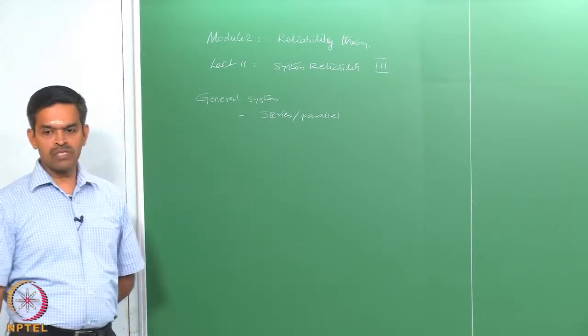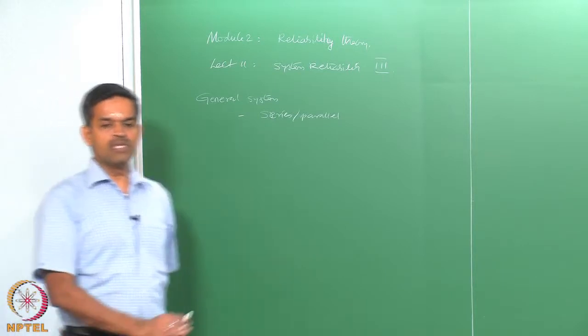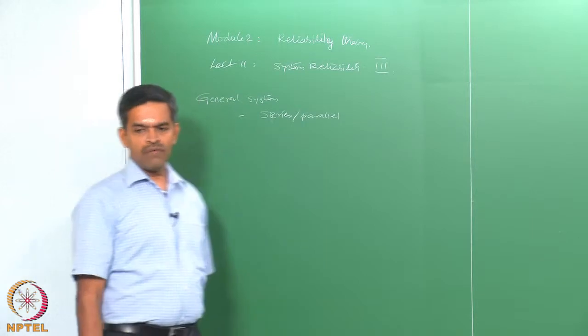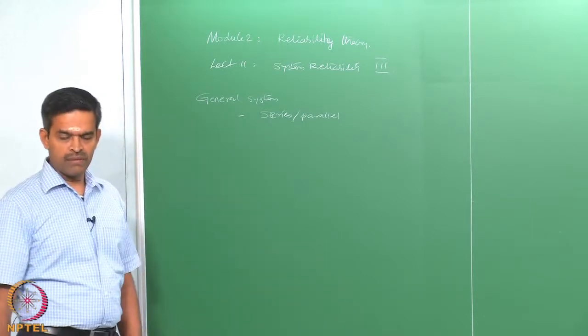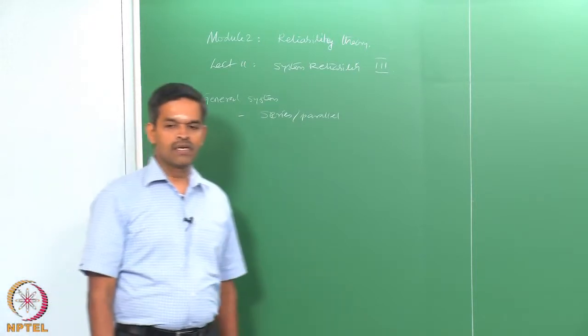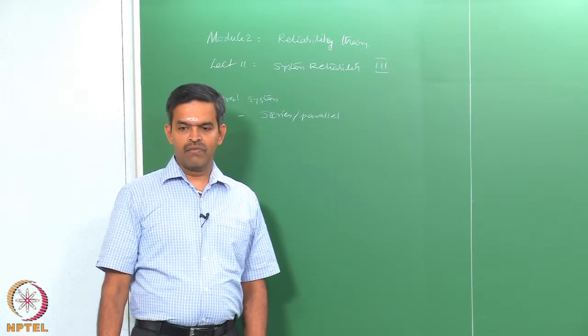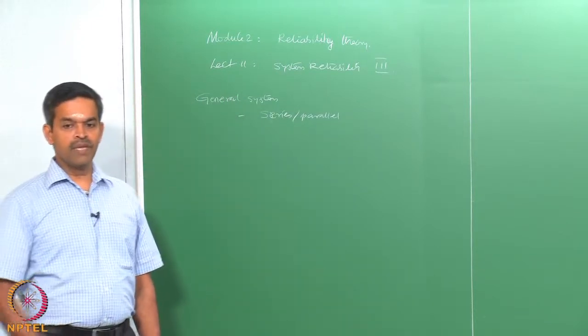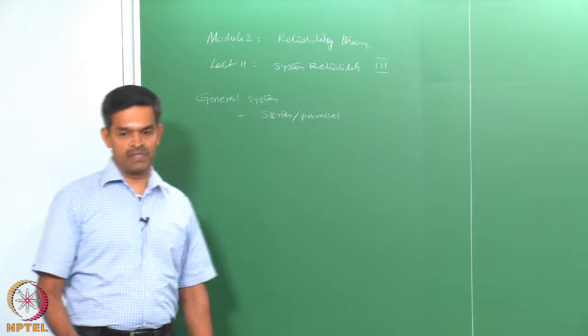Parallel systems are those systems where if all components fail, then the system is failed. So, for a given general system, we identify the cut sets and the path sets. From the cut sets and the path sets, we then derived the minimum cut set and minimum path set.